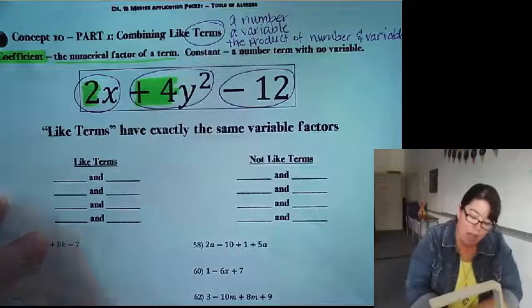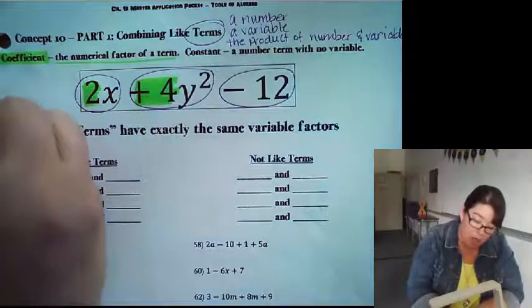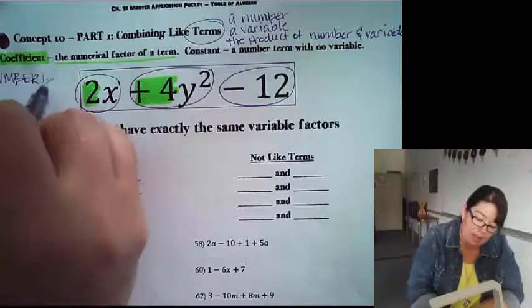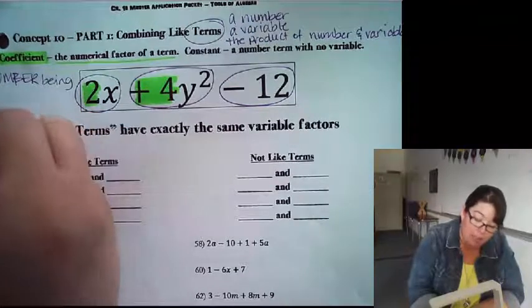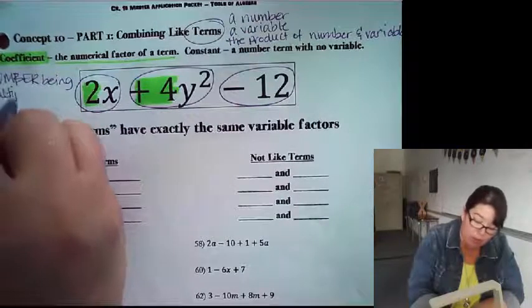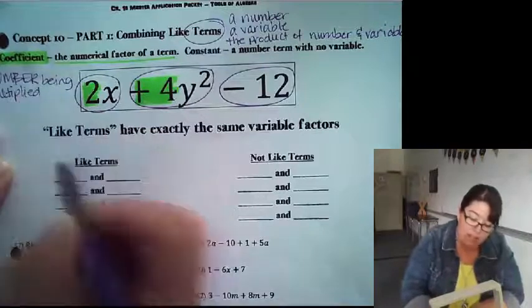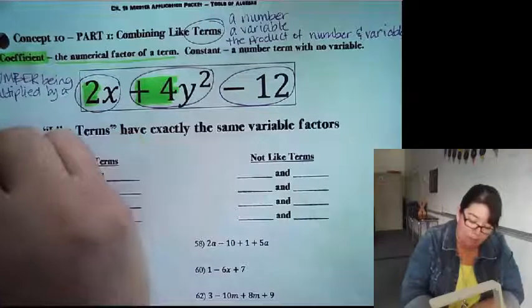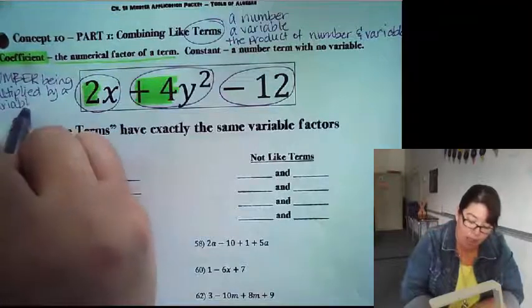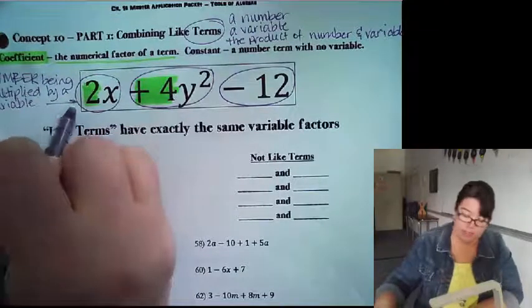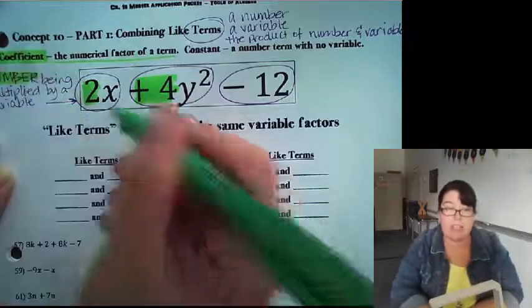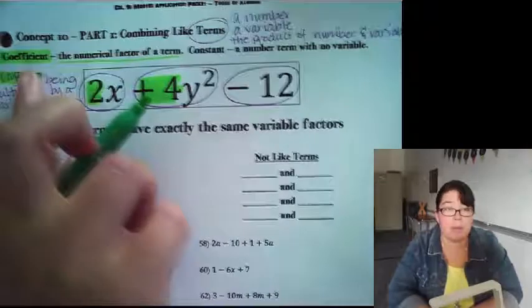Basically, it's the number that is being multiplied, because it's a factor, and that's what factors do, they get multiplied. It's the number being multiplied by a variable. That is the coefficient. So we'll highlight that in green. So the coefficient is the number being multiplied by a variable.